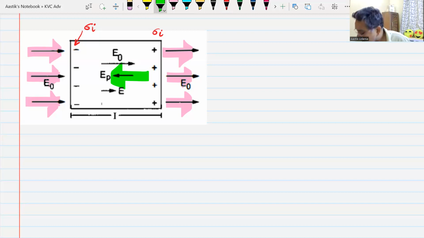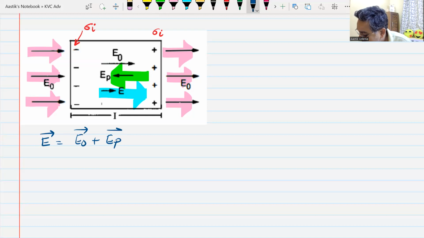Yes, sir. Now, the external field is E naught. The field which is produced inside the dielectric is EP. They will superimpose, and the net electric field will be capital E. Do you see this net electric field E? If I write it vectorly, this net electric field E will be the superposition of E naught with EP or EI.